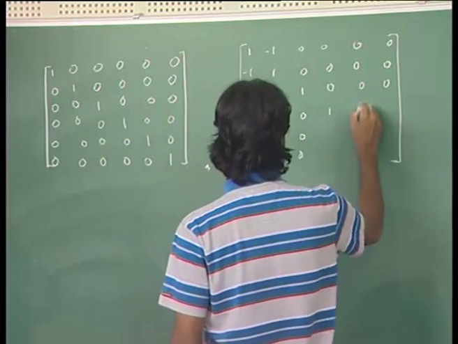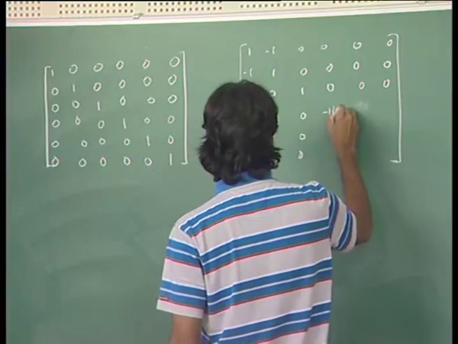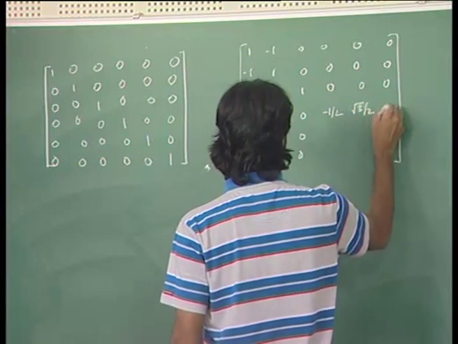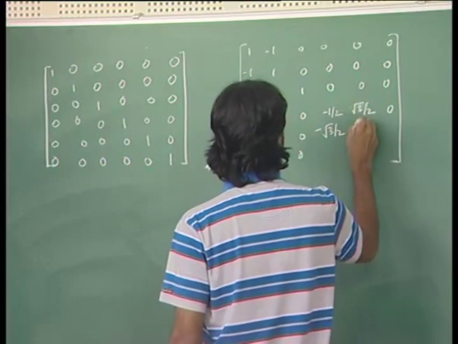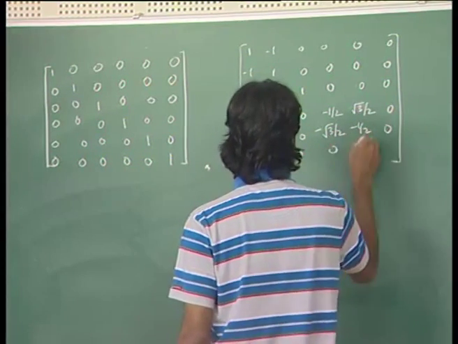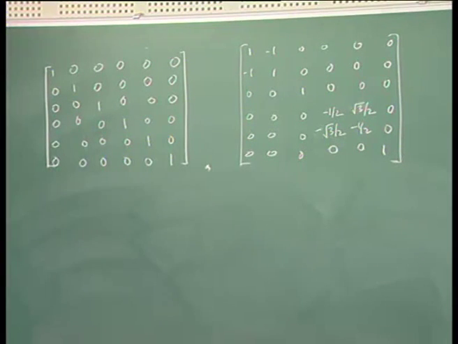I had 1 and okay, let me take minus half, root 3 by 2, 0, root 3 by 2, minus half, 0 0 0 1. Okay, so suppose I had something like this.